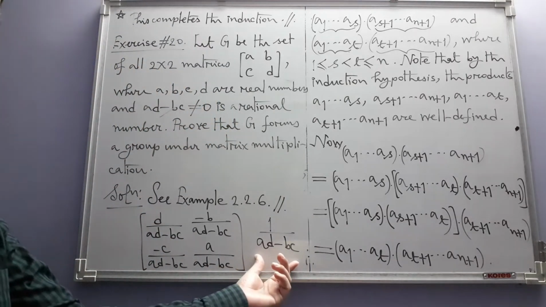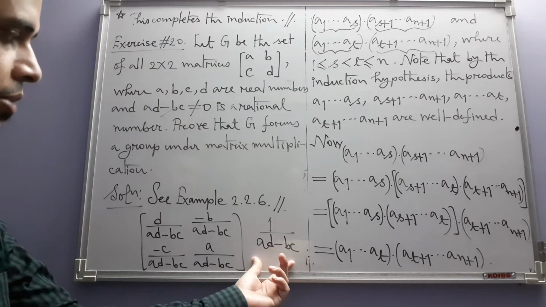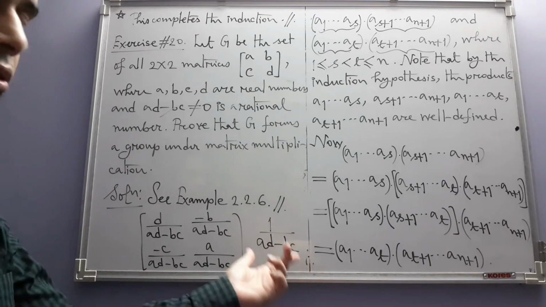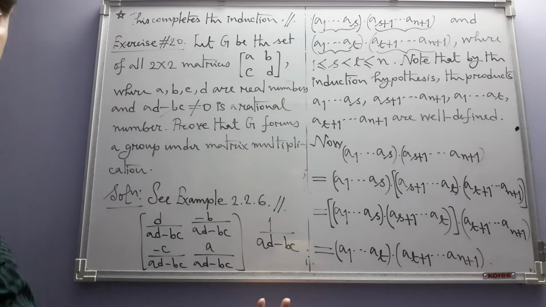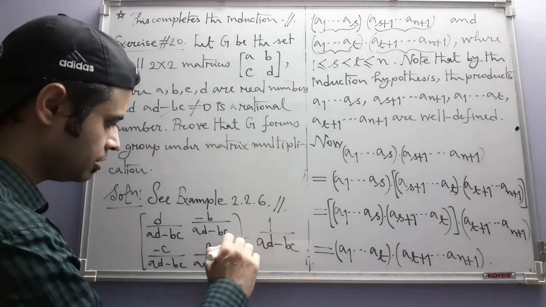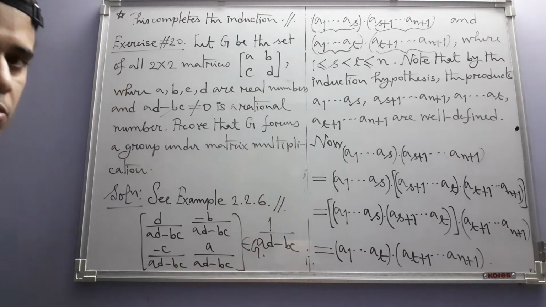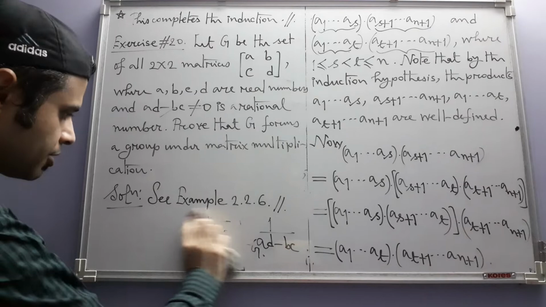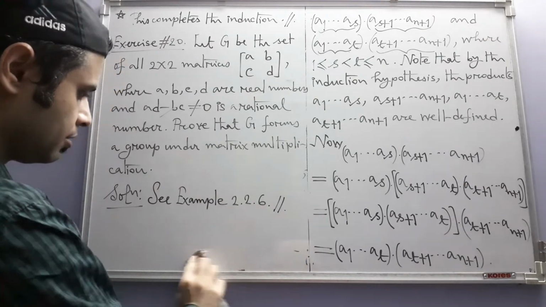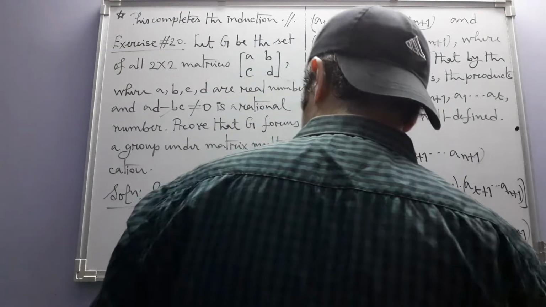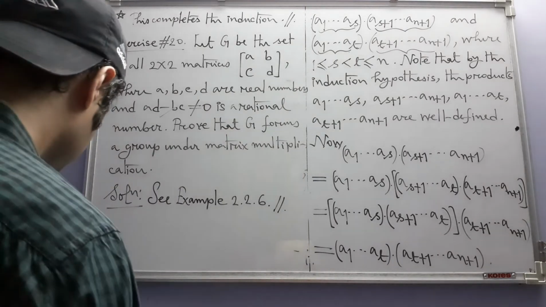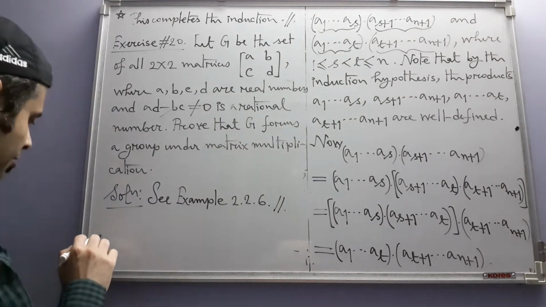Since AD minus BC is a non-zero rational number, its reciprocal exists first of all because of that non-zero-ness, and is also a rational number. So this belongs to G. So yes, it's a group. You just have to write these things properly. Since the example is available, I am not providing the details. We move on to the next one. All of these are related to matrices.